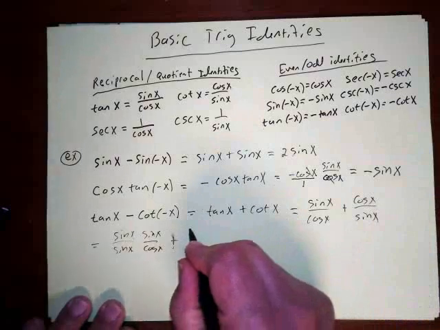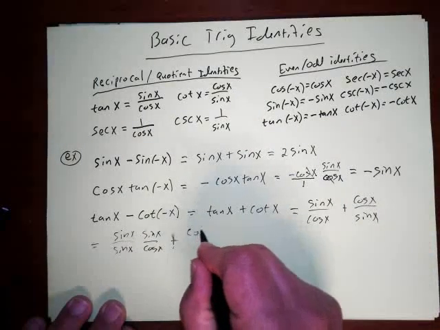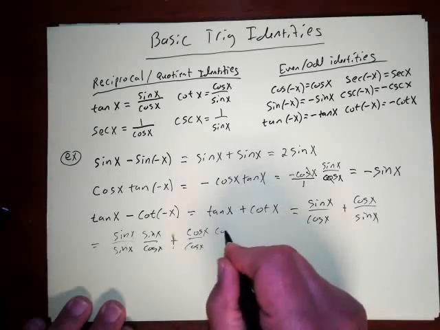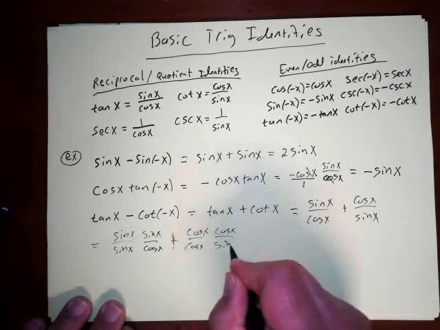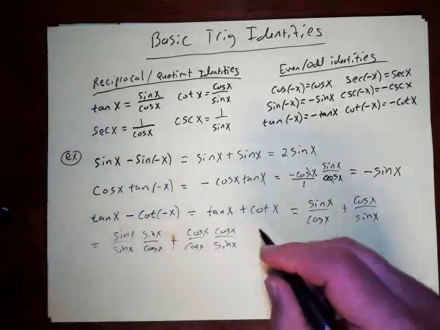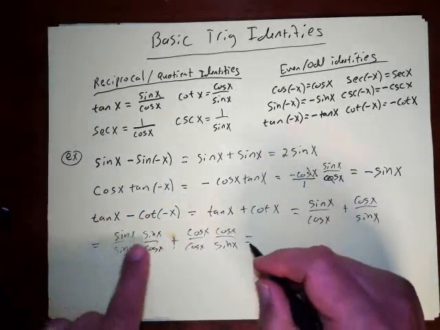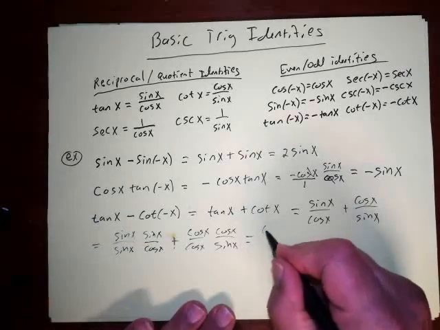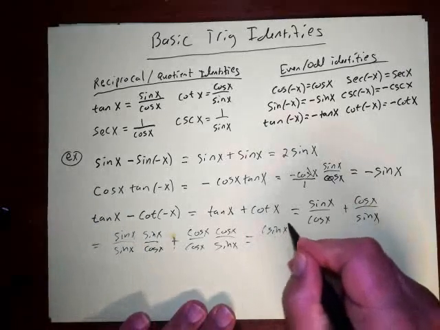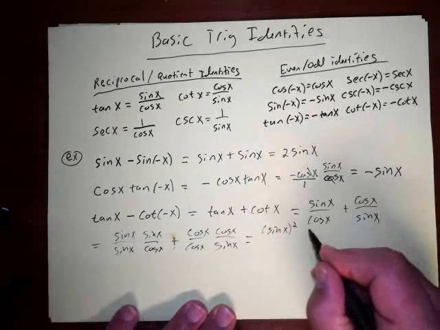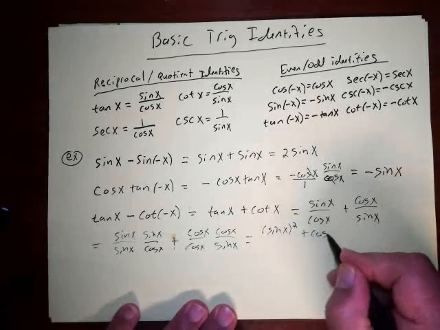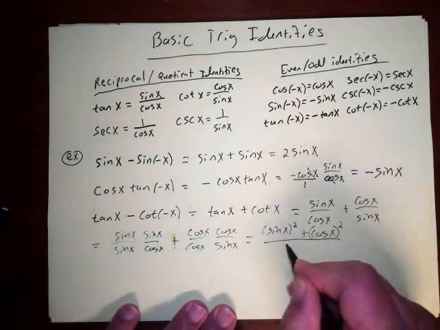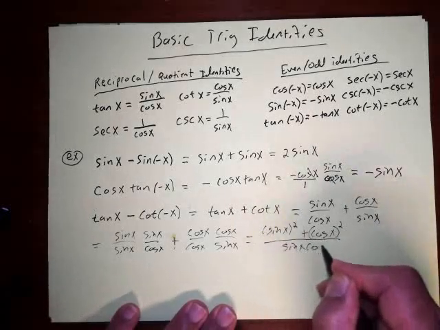So I would get cosine x over cosine x times cosine x over sine x. Okay? And so when you multiply these two together, you could write it sine x, that quantity, squared, plus cosine x, that quantity, squared, all over sine x, cosine x.